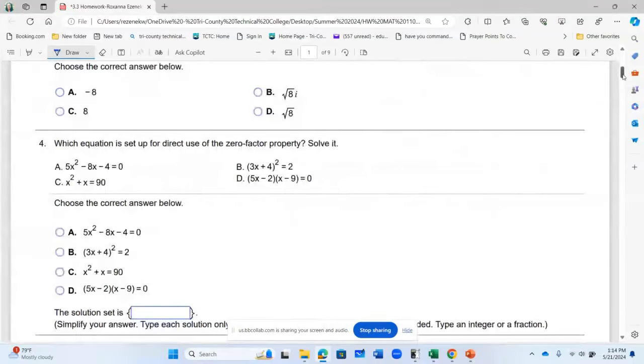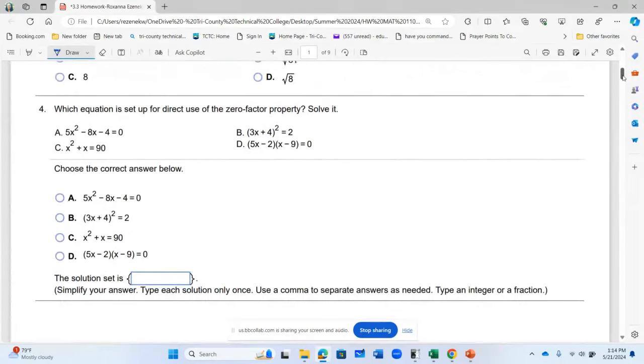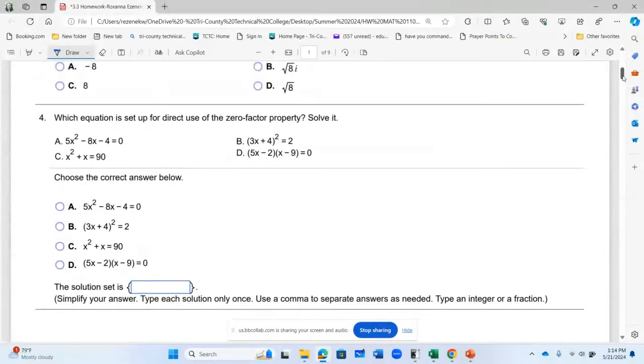All right. So which equation is set up for direct use of the zero factor rule? Which one? I can use zero factor in this one. We can use zero factor for B. Actually, you can do this one too.